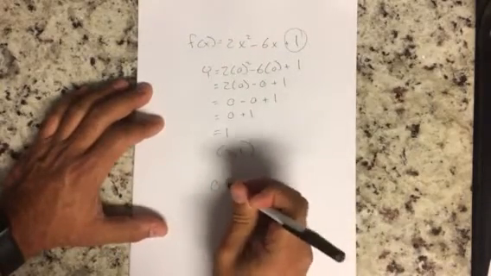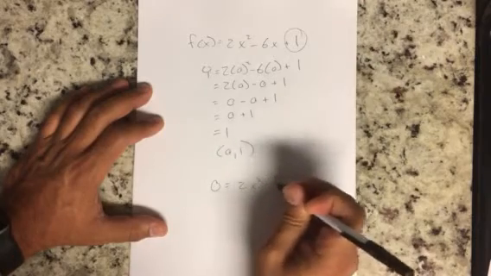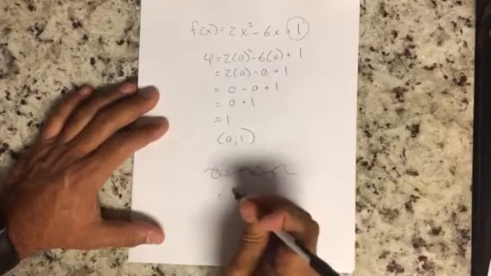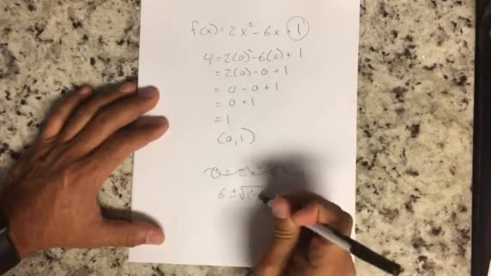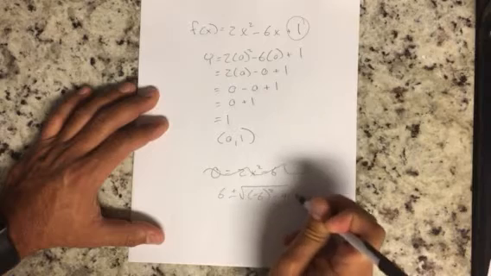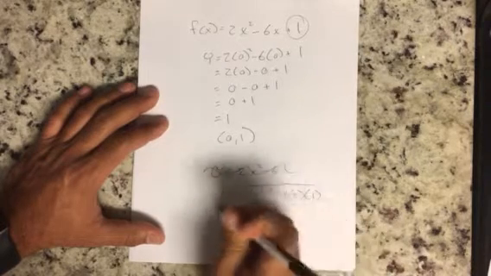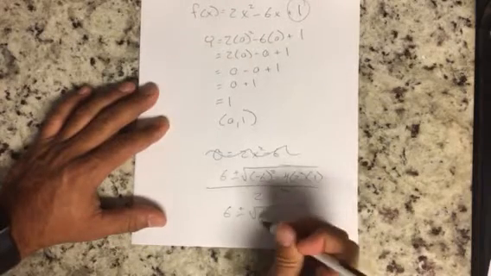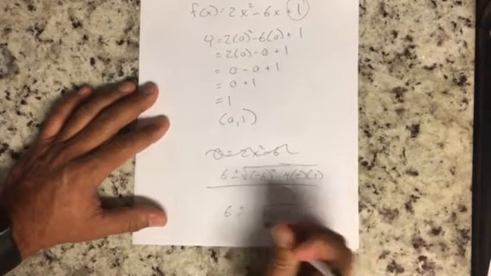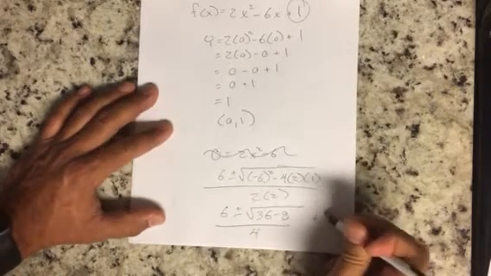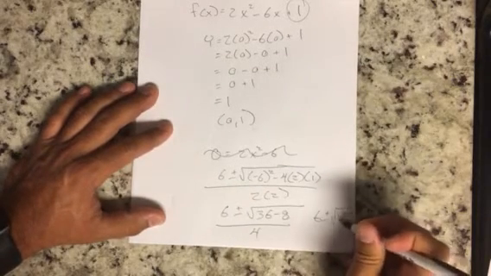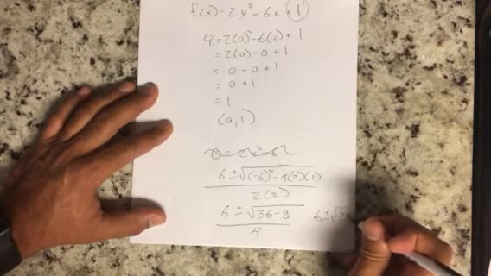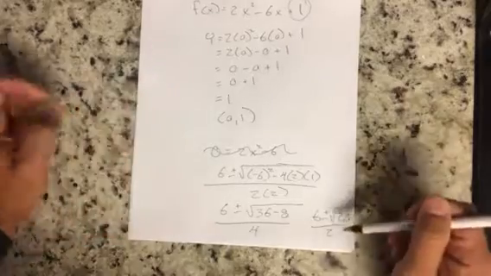X-intercepts, I'm going to set y equal to 0. Actually, I'm going to use the quadratic formula. So negative b plus or minus the square root of b squared minus 4 times a times c, all over 2 times a. Of course, I had to pick one that didn't have integers as the answer.